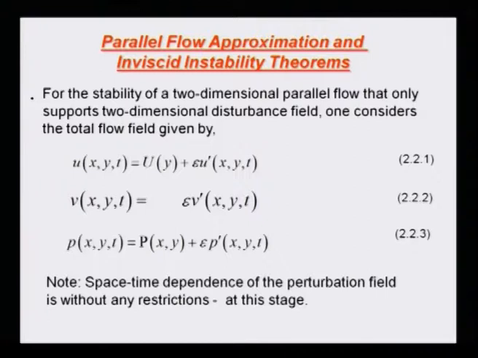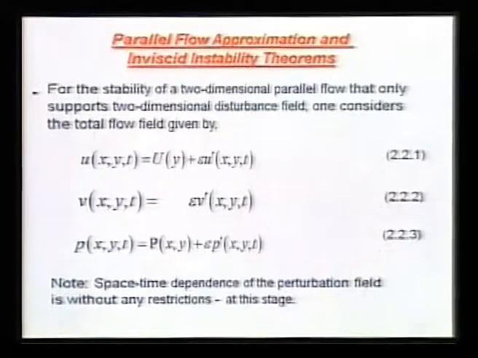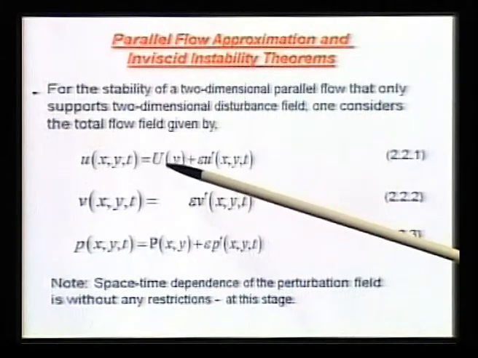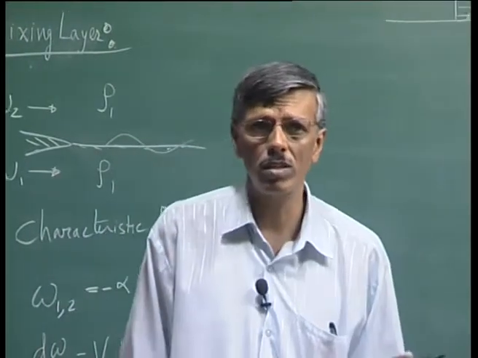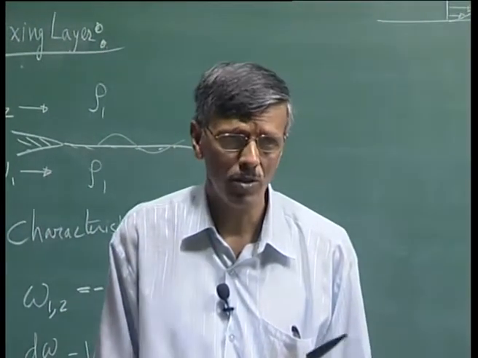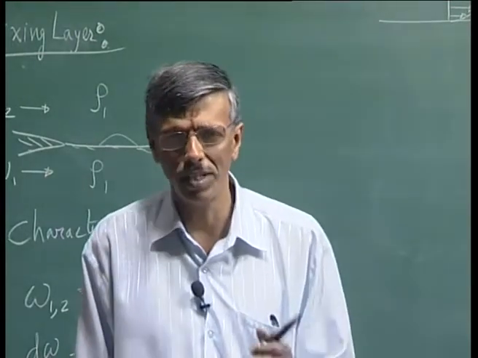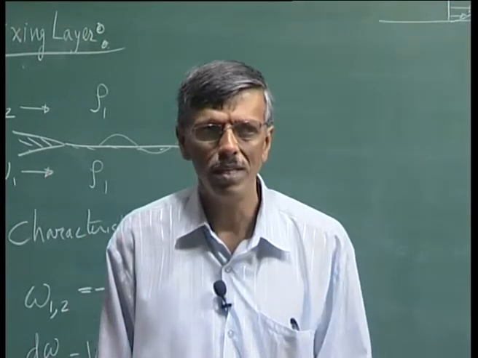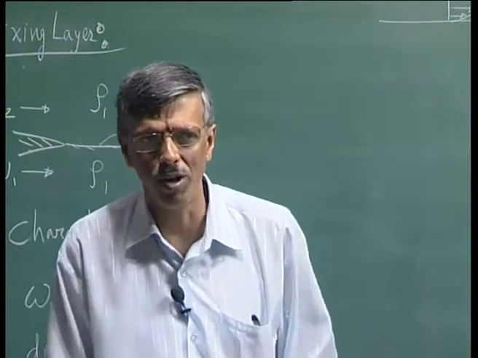For the ease of our analysis, please note that we have looked at a velocity profile which has only a single component, that is, in the streamwise direction. So, u of y, that is what we have, and this also tells us that this does not vary with x. That means this mean flow or the equilibrium flow is only a function of the wall normal coordinate, but it does not vary as we go along.